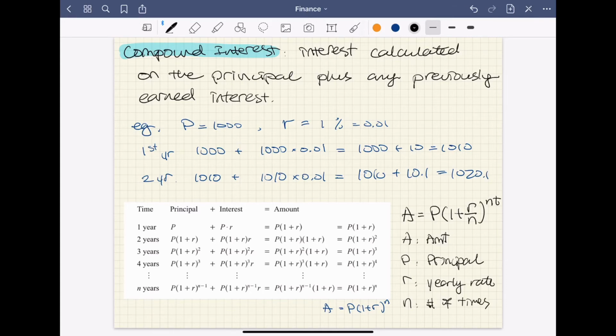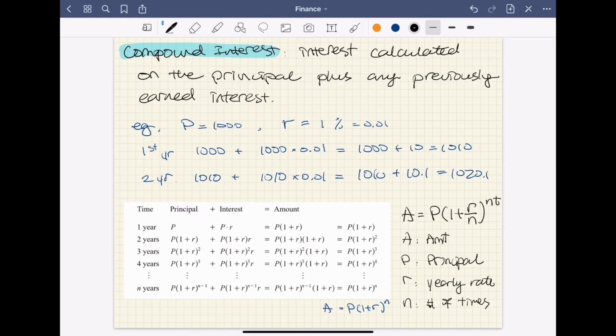If your interest is compounded yearly, then N is 1. If your interest is compounded daily, how many days are there in a year? So that's how many times you're going to get paid. Then N is going to become 365.